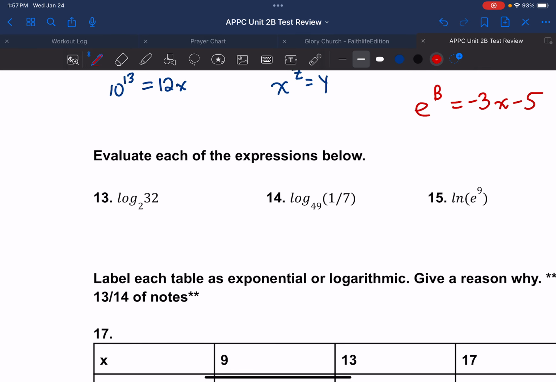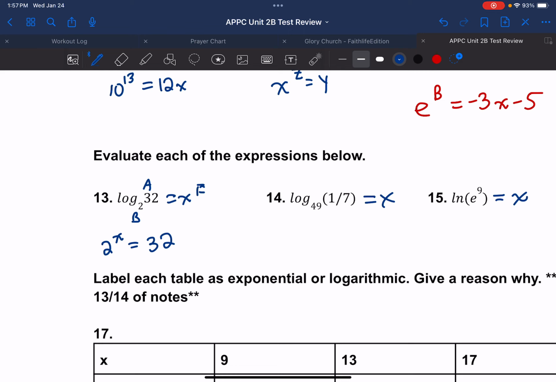Evaluate each of the expressions below. So remember, when you're doing these, I always set them equal to x to help you think about it. So using the powers of base, that's a little cringy, but it works. Using the powers of base, b, a, e. I can rewrite it. So 2 to what power equals 32.